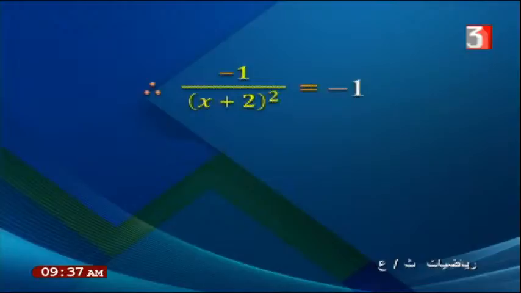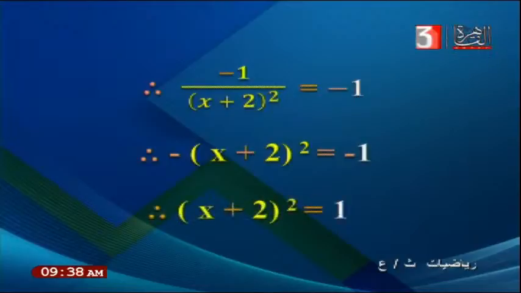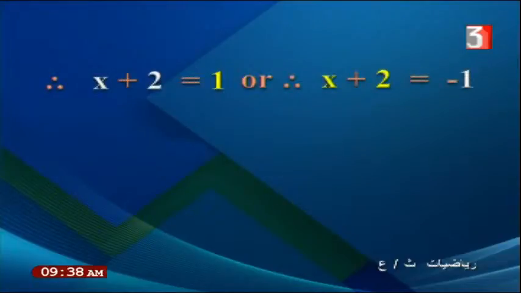Cross multiplying, then (x plus 2) squared equals 1. We factorize, then x plus 2 equals 1 or x plus 2 equals negative 1.